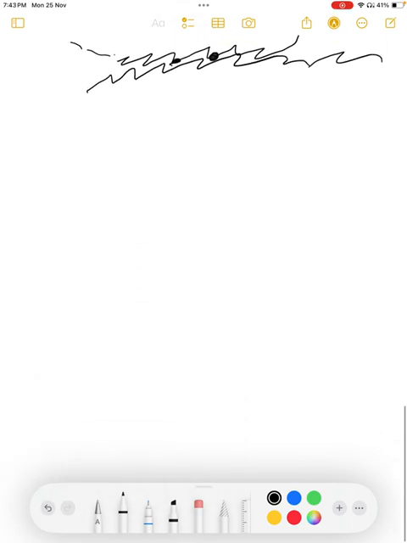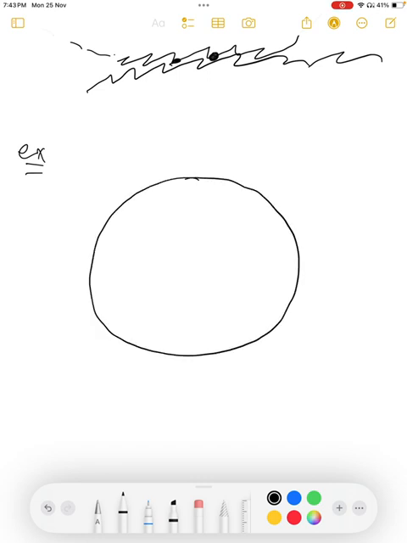So let us see an example. Let us imagine a disk rotating. So imagine a block kept at a radius, at a distance r.